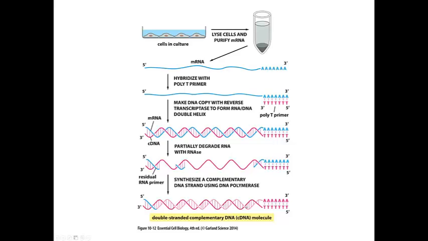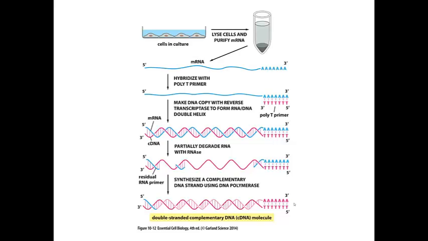The cDNA can be inserted into vectors, just like genomic DNA can be, to create a cDNA library. And cDNA libraries can be revealing in the following ways. Depending on what tissue you started with, some genes will be present in your cDNA library and others will not, because obviously not all genes are expressed in all tissues.